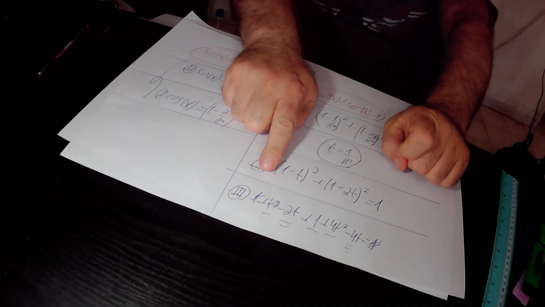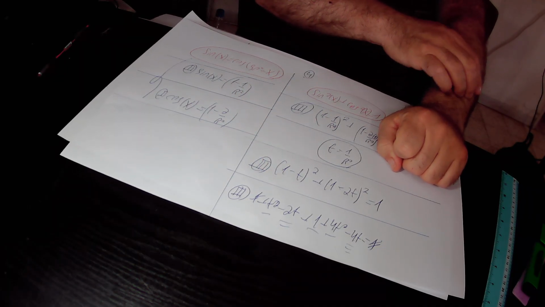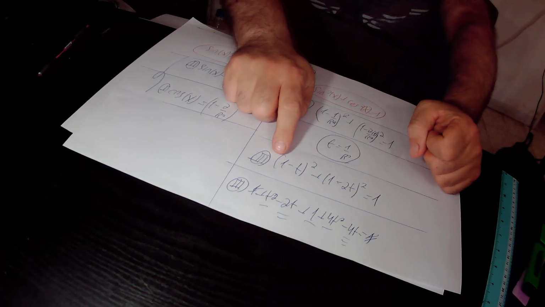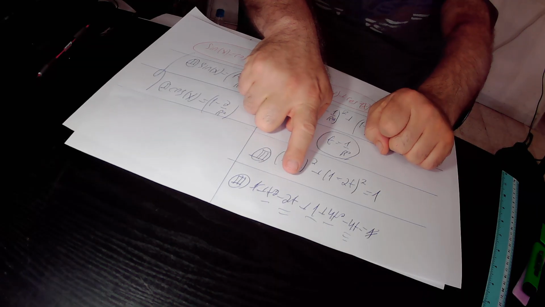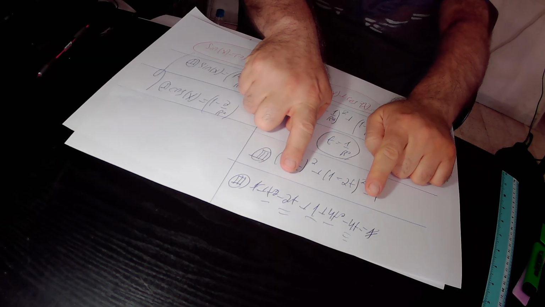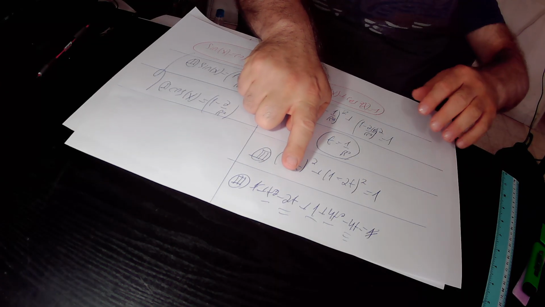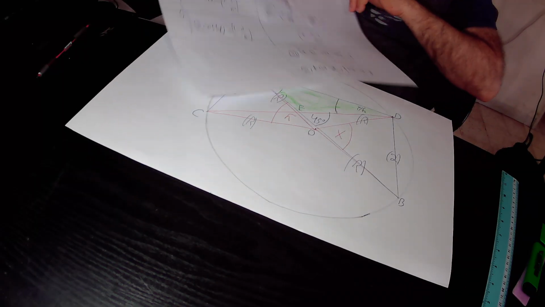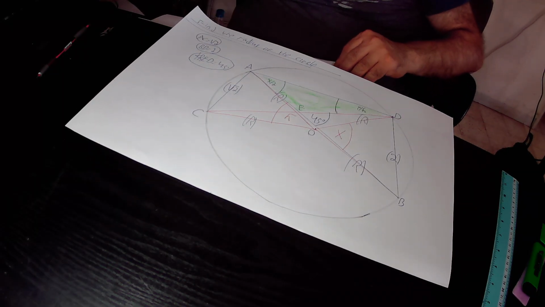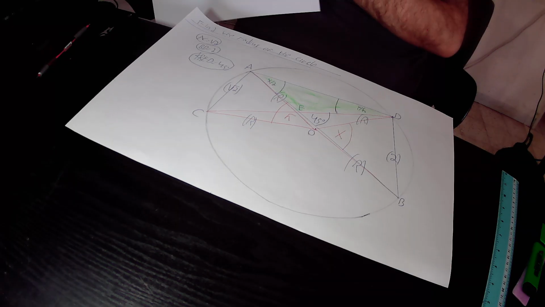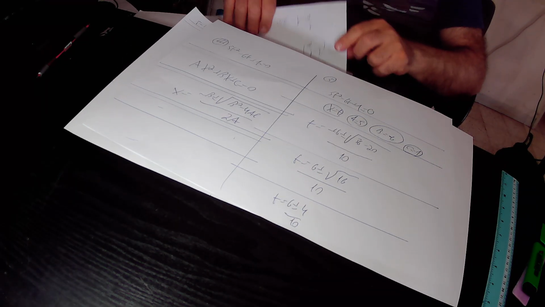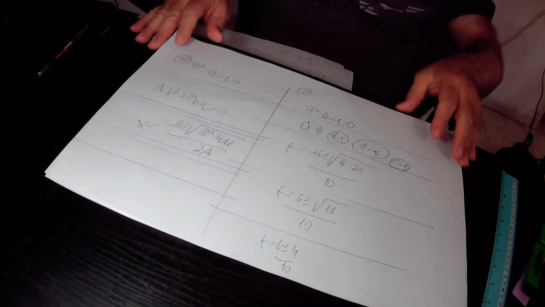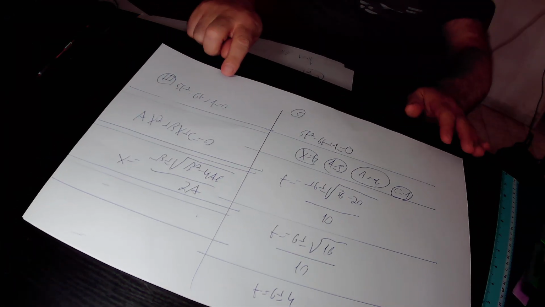So 1 gets cancelled, and after we cancel 1, we have t squared plus 4t squared is 5t squared, and minus 2t minus 4t is minus 6t, plus 1. So in conclusion, we find out that 5t squared minus 6t plus 1 equals 0.